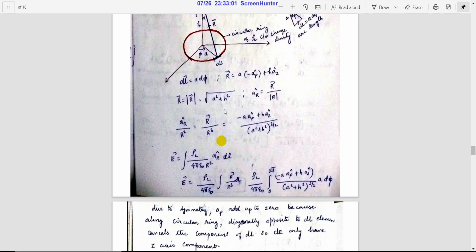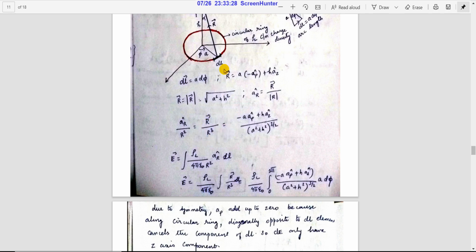Since we are dealing with a line segment, we have dl, and our dl has already been defined. We need to find a r divided by r square, and a r is equal to r divided by the magnitude of r, so we can write the r vector divided by r cube.